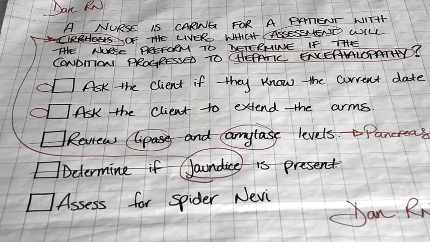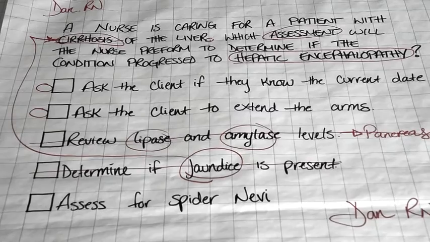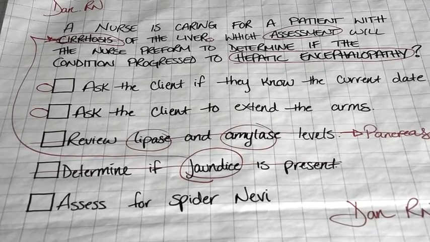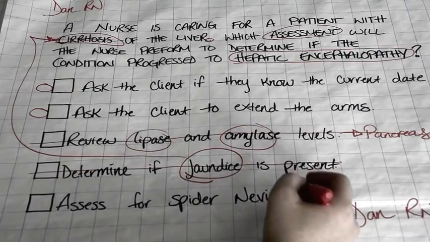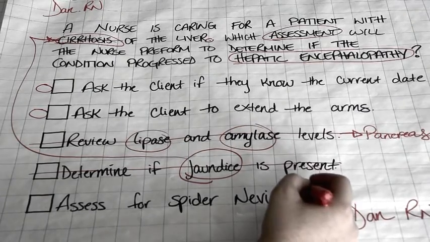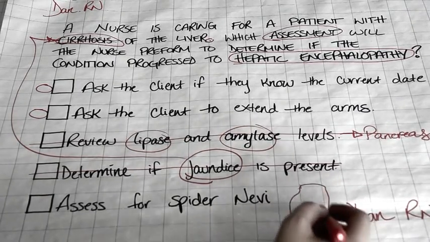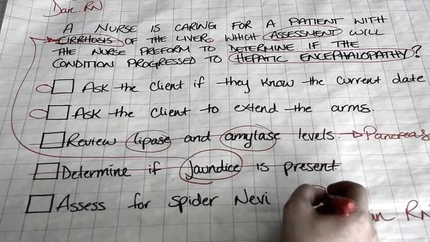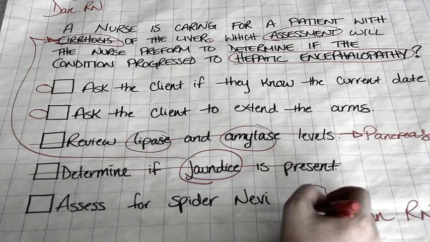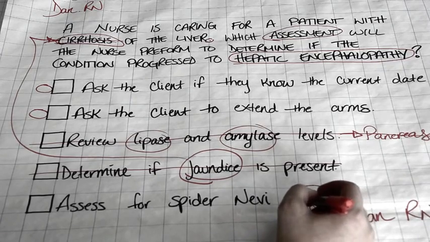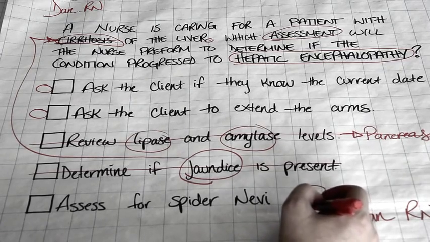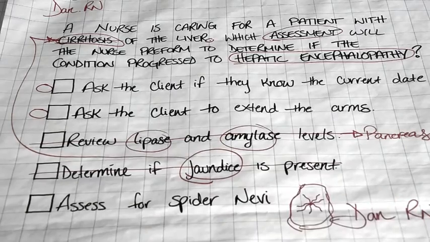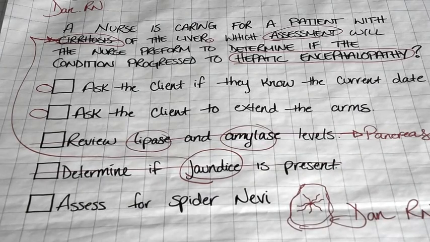The last answer choice says assess for spider nevi. Spider nevi are little vessels or capillaries. That's my drawing of an arm, sorry everybody. They kind of go like this, and they look like spiders. It's a cluster of really tiny blood vessels.